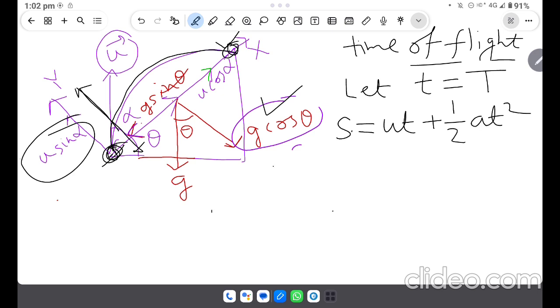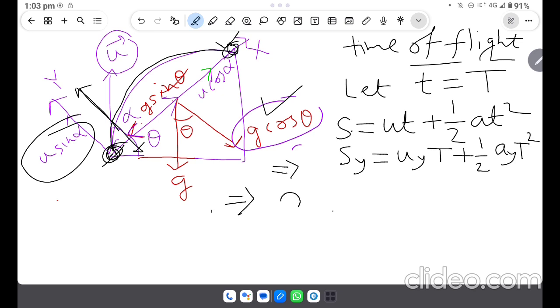In place of S, we take Sy, which is equal to uy multiplied by capital T plus half ay capital T square, right? All the components of y are here. Now Sy will be 0, as we have seen that net vertical displacement is 0.